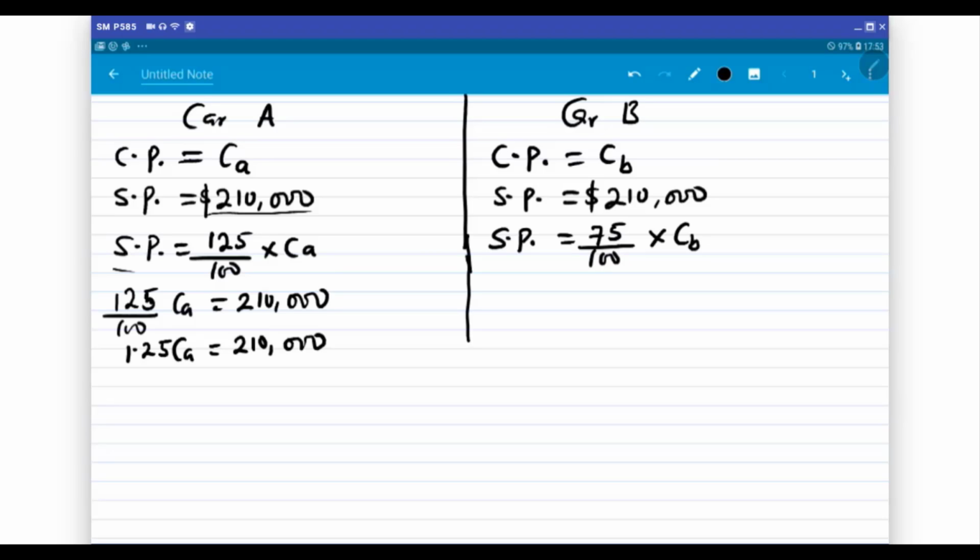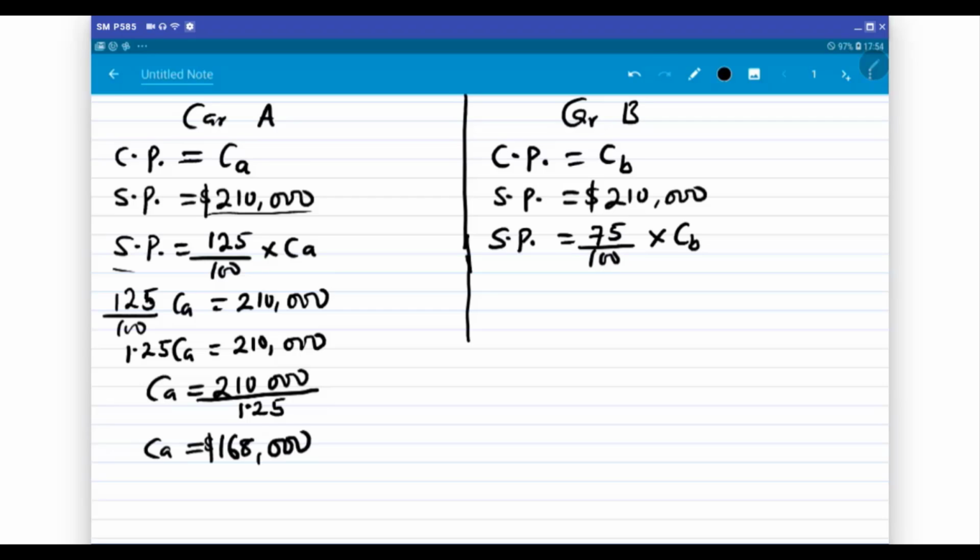So the cost price for the first car will be 210,000 divided by 1.25. And when you calculate that, what do you have? You have $168,000. That's the cost price for the first car. So that's why he has a profit.